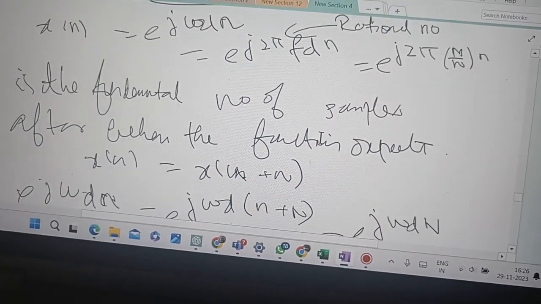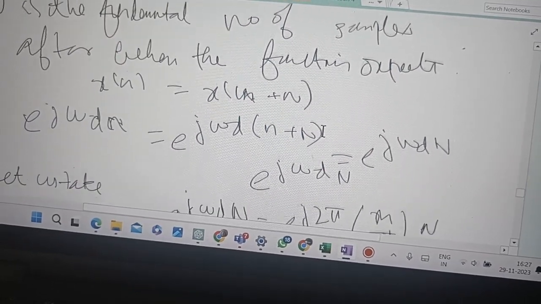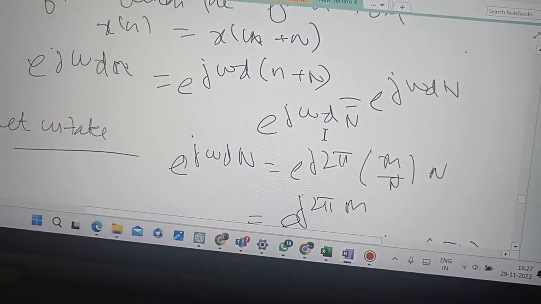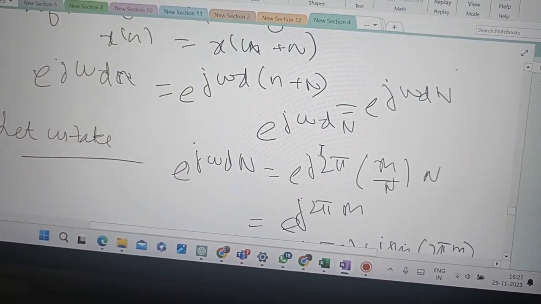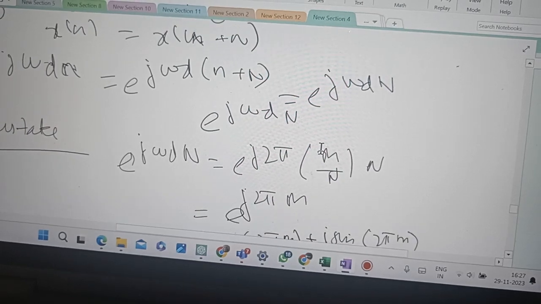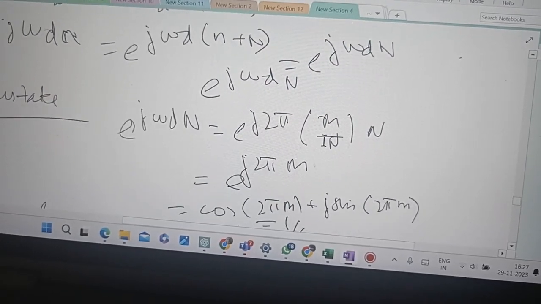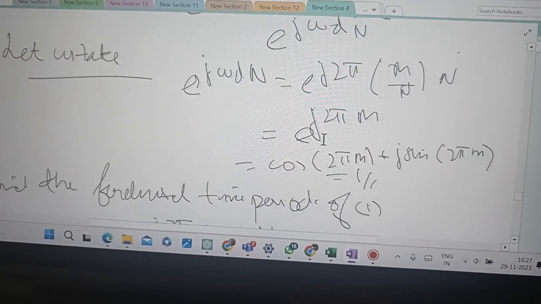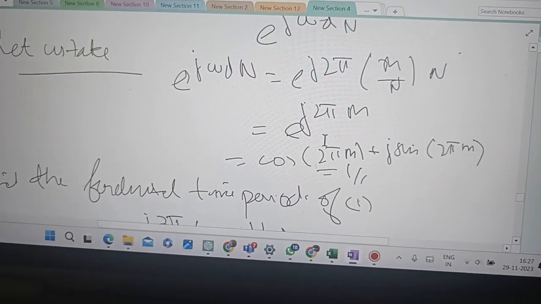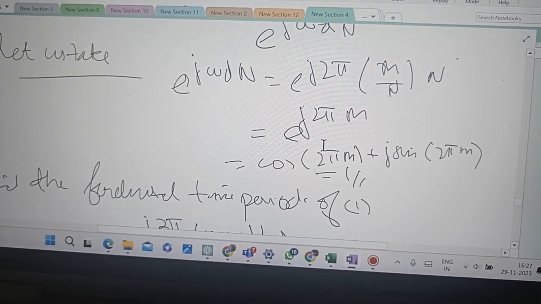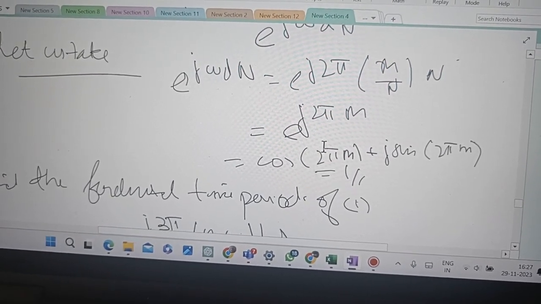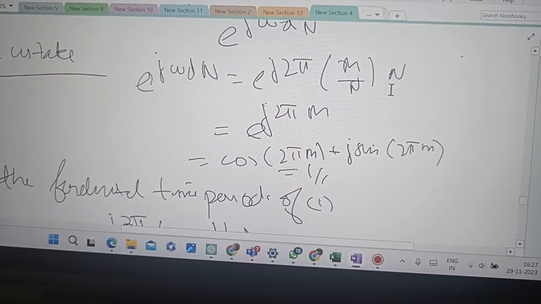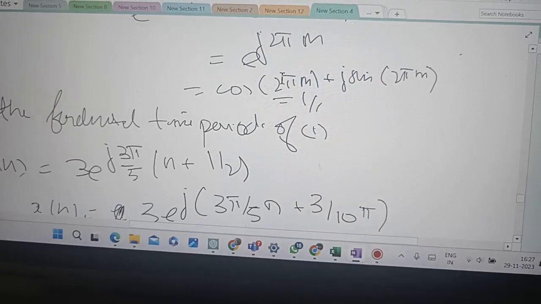N is the fundamental number of samples after which the function repeats. x(n + N) = e^(jω(n + N)) = e^(jωn) e^(jωN). This requires e^(jωN) = e^(j2πm), that is ω = 2π m/N.